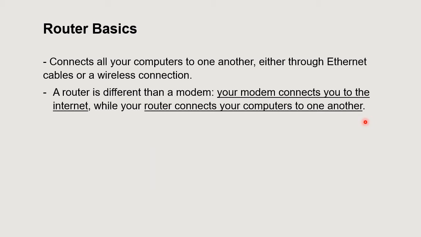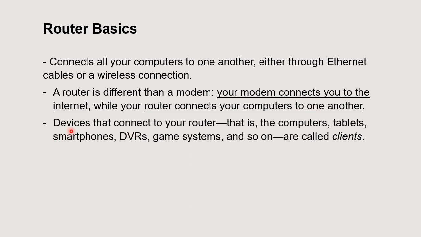As I told you earlier, your modem connects you to the internet, while your router connects your computers to one another. Devices that connect to your router, that is the computers, tablets, smartphones, DVRs, game systems, and so on, are called clients. So any device connected to your router is called a client.